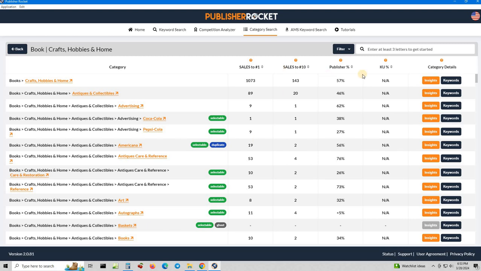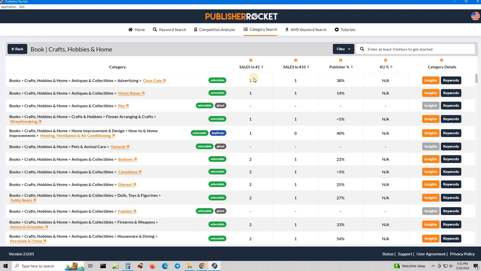So let's start with the easiest one. Let's see what we got here. Wow, a brand name has their own category. That's amazing. All you need is one sale to get to number one in that category.